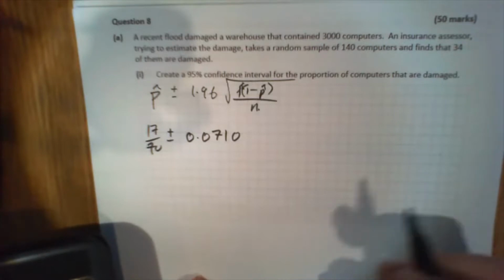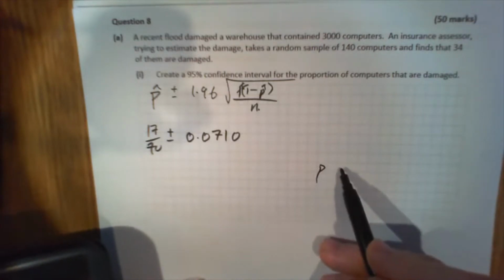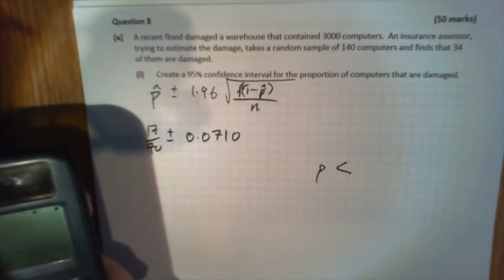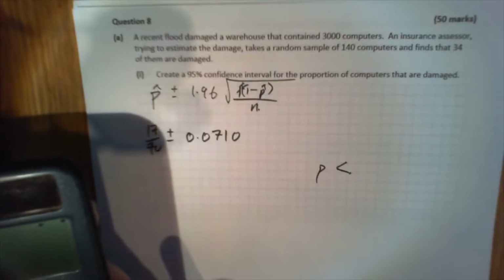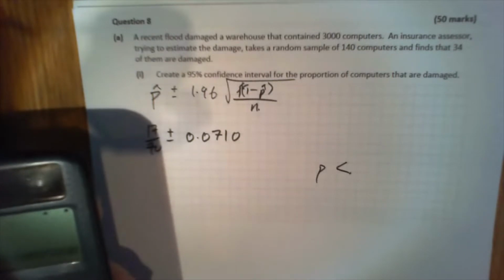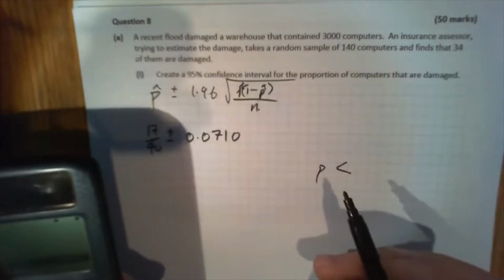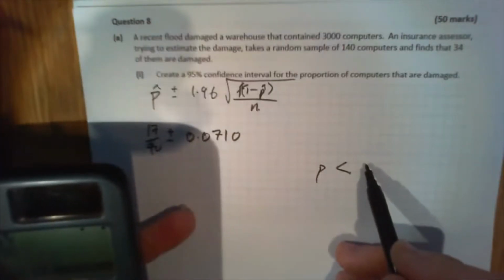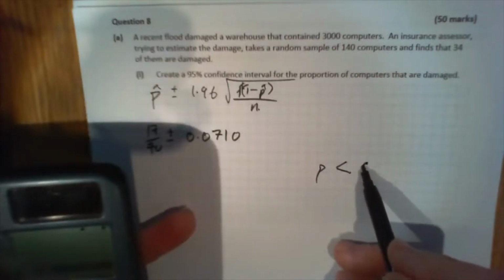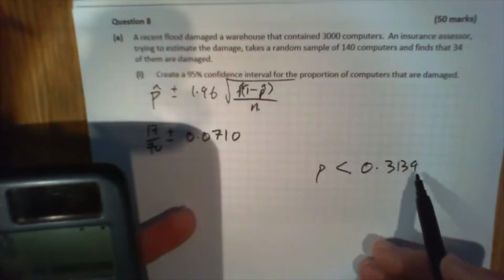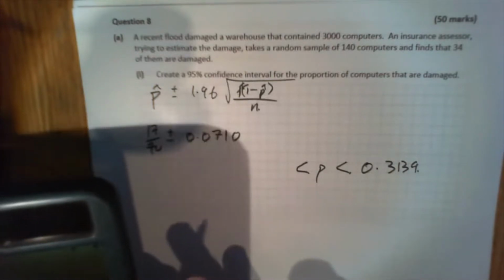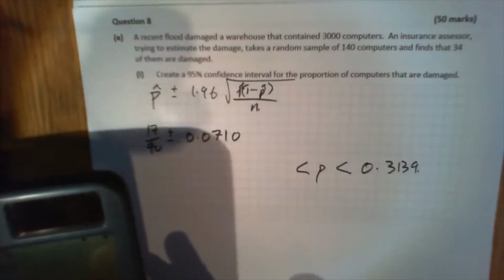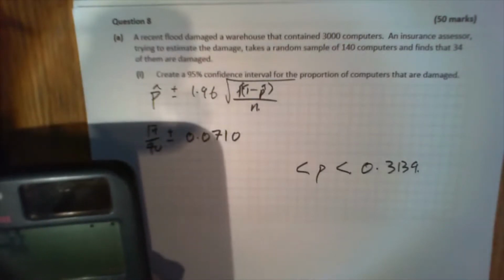So our probability is going to be less than 17 over 70 plus that, 0.3139, and it's going to be greater than, take it away, thank God for these calculators.